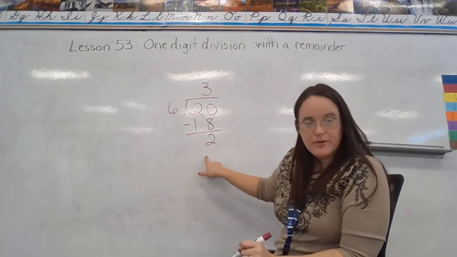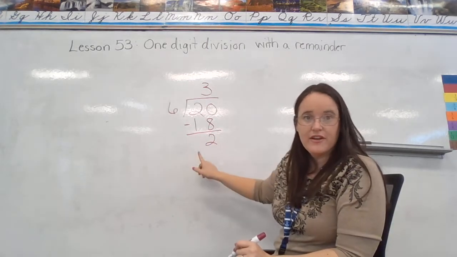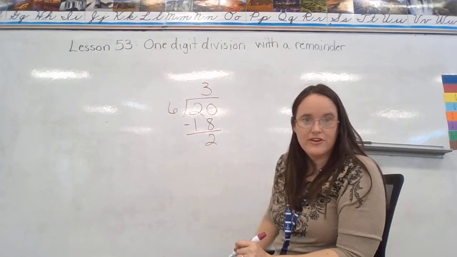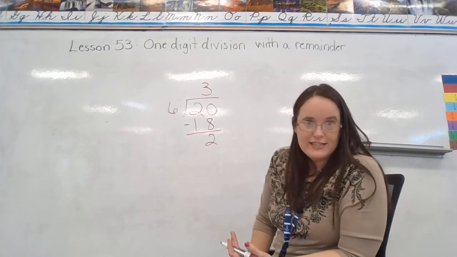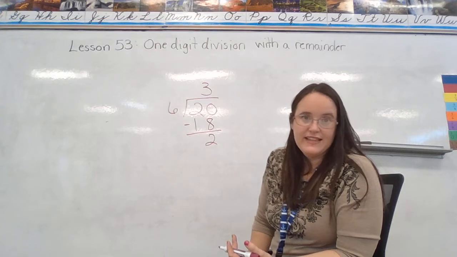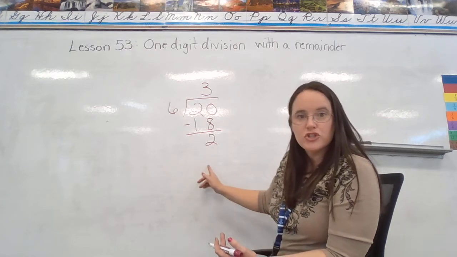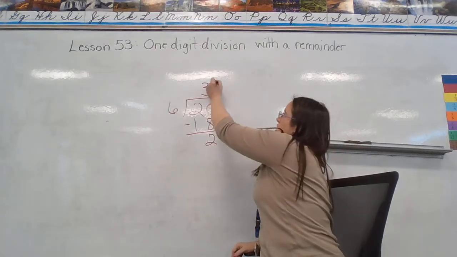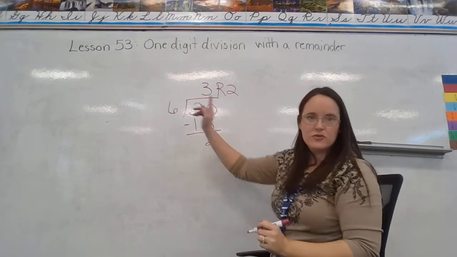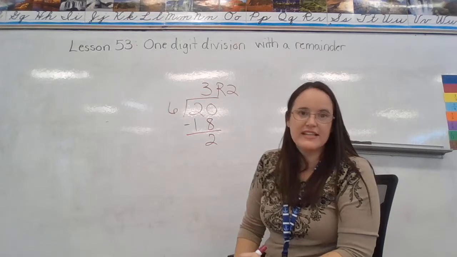Now this little number, if you have something left over here, that is your remainder. That tells me this many people aren't going to fit in the 3 vans. So how many people have to go in a car? 2. If we were just dividing 20 by 6, this would be our answer.